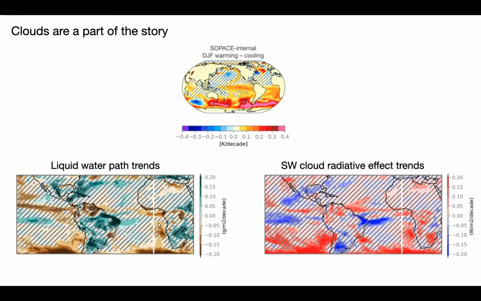And both are consistent in that when you look at the difference between the periods, because the Southern Ocean has warmed, we actually see a decrease of low clouds over the coastal regions of Africa and South America, where we have climatological high cloud amount. And this decrease actually corresponds to a positive anomaly or trend in the shortwave cloud radiative effect. So the clouds here definitely contribute to the local SST changes.